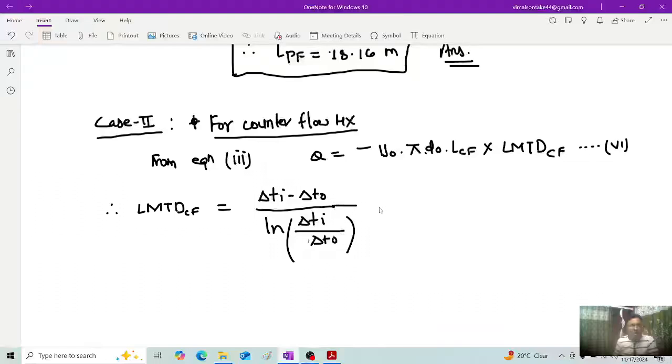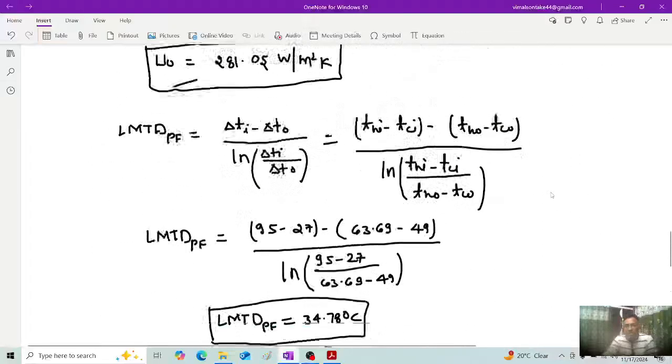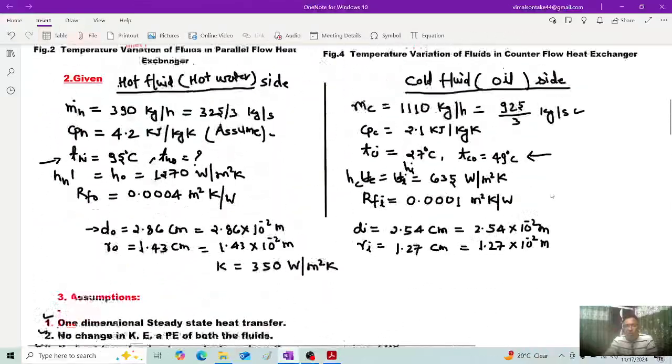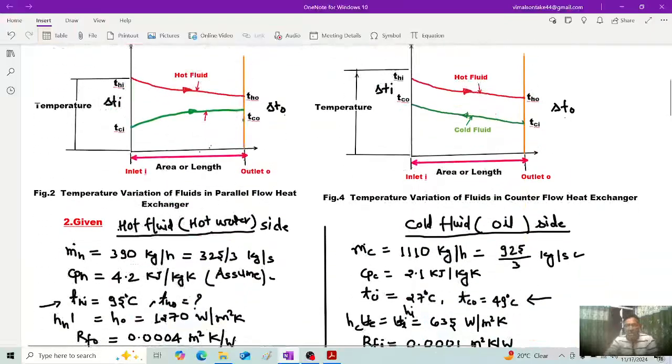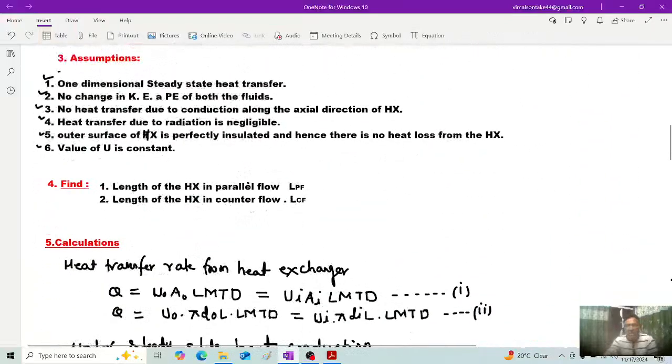Now here the delta Ti and delta To for counterflow heat exchanger are to be considered. For that we have to refer the schematic. So in case of counterflow heat exchanger, delta Ti at the inlet is this, that is Thi minus Tco, and delta To at outlet is this, that is Tho minus Tci. This difference is taken in such a way it will always be positive.